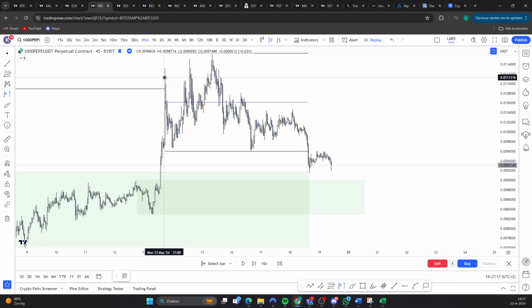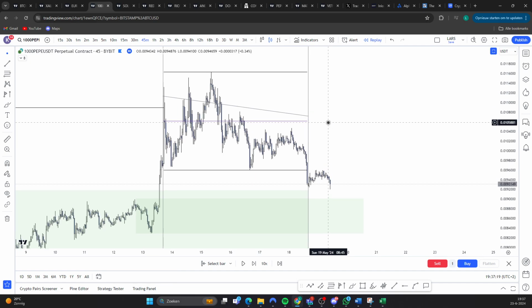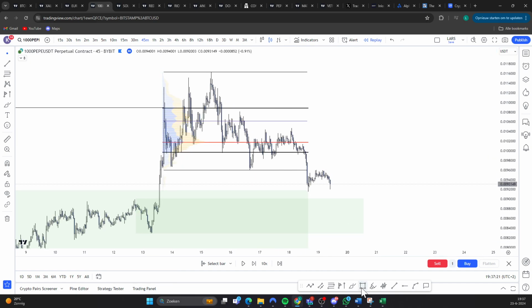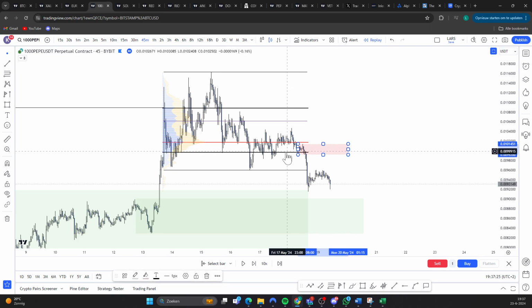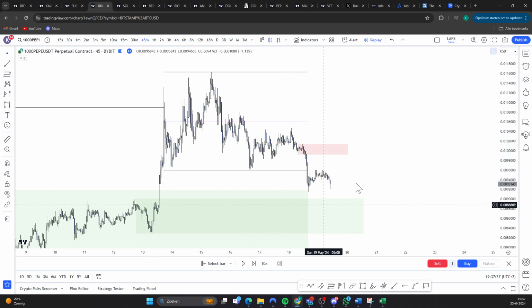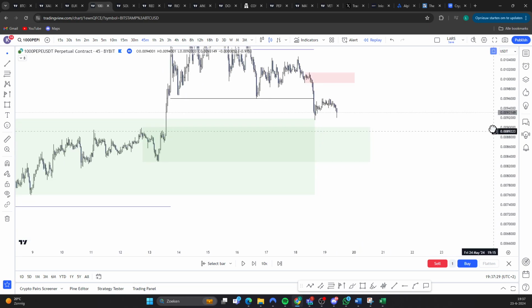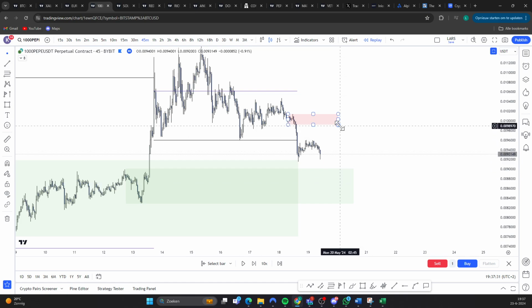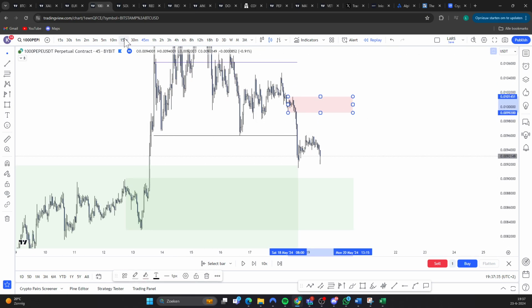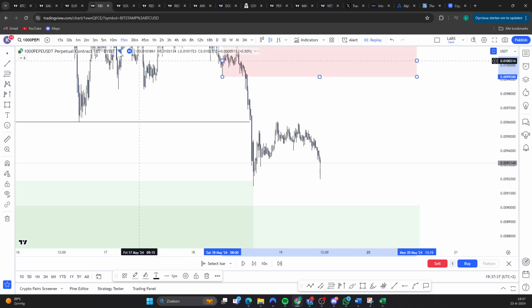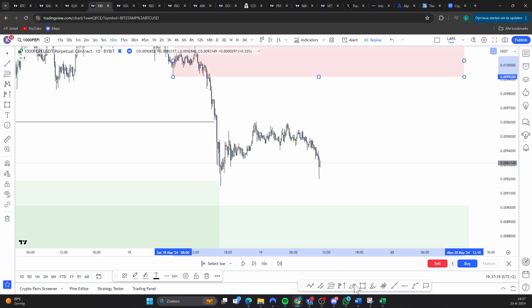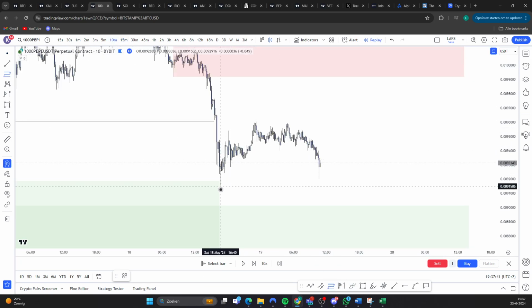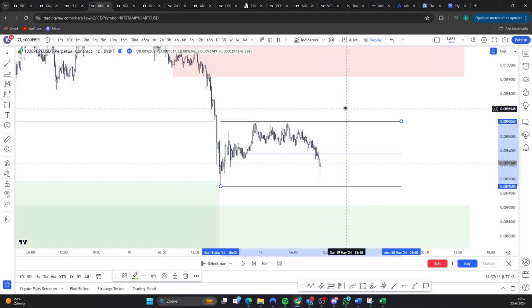Let's check the volume profile. Yeah, this would be your biggest resistance. I would use this as your range.